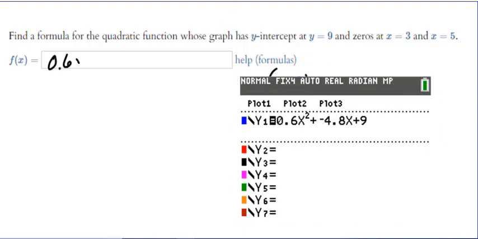So 0.6 x squared minus 4.8x plus 9. And that should do it. It should take that because that is an equivalent quadratic equation for those points.